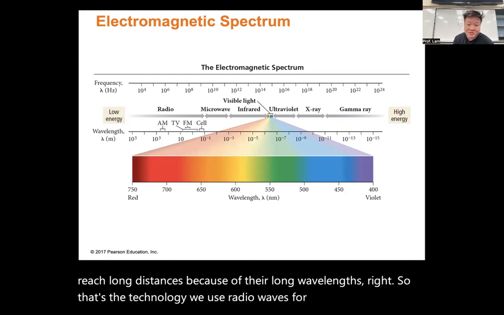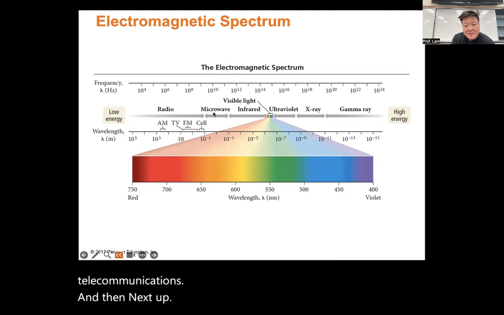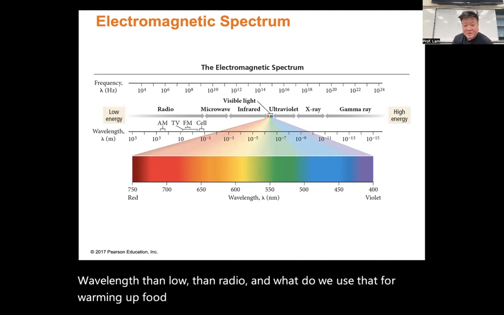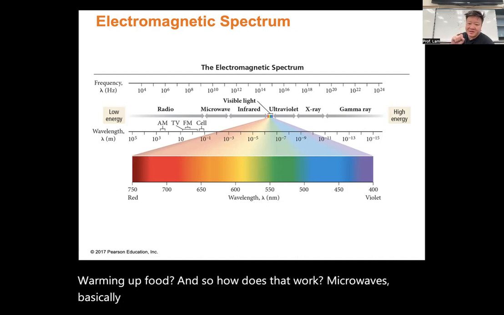And then next up is the microwave. Microwave has a slightly shorter wavelength than radio. And what do we use that for? Warming up food. How does that work? Microwaves basically activate the OH bond in water.